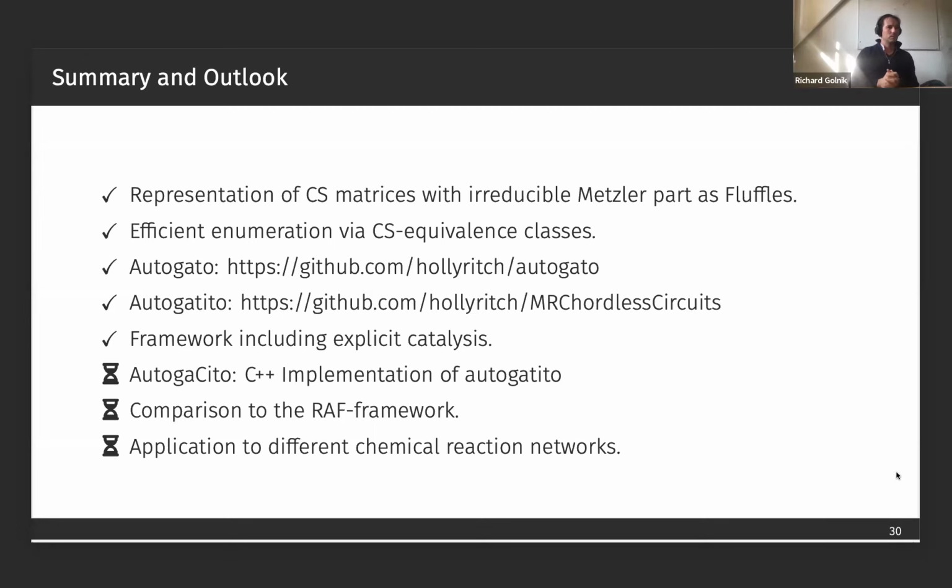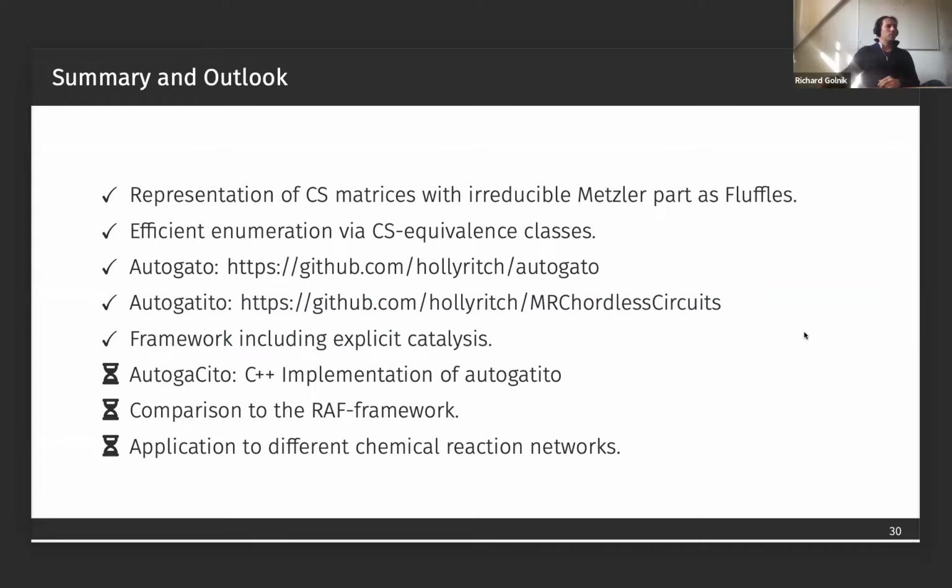And for everybody who's interested in using or trying it out, you can find a tool implemented in Python on my GitHub page, which is called Autocatalytic. And there's also the smaller version I've shown you at the end with the MR chordless circuits, which is currently under this name because for the revision of the publication, we left it here before we're going to merge it.